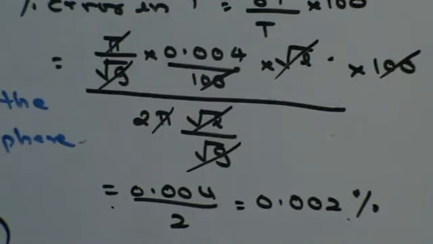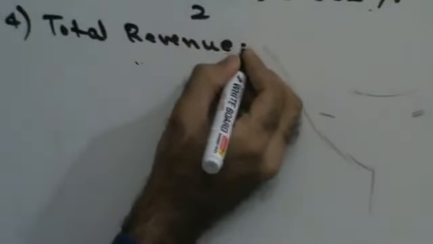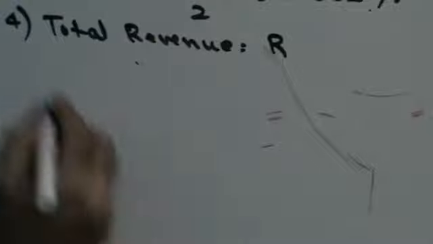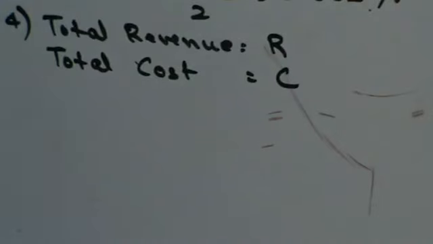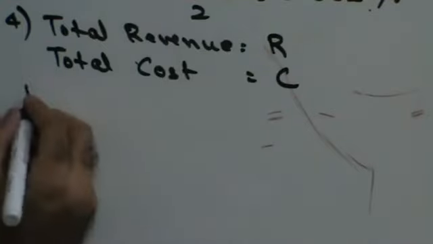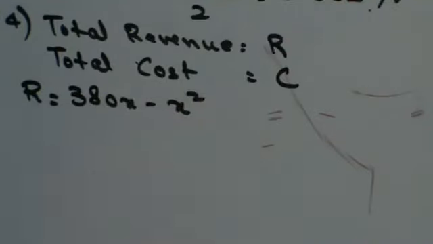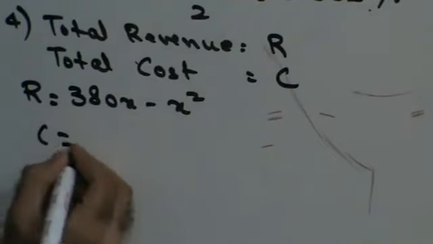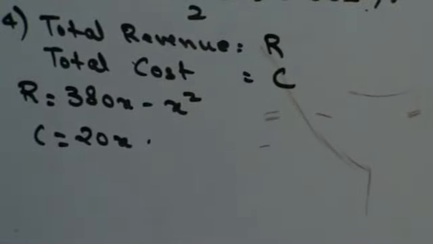The total revenue R and the total cost C of a firm are given by R is equal to 380x minus x square and C is equal to 20x, where x is the quantity.